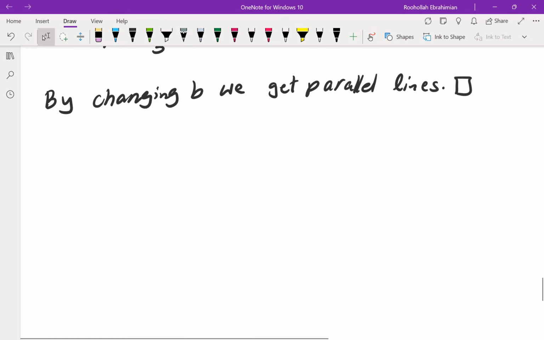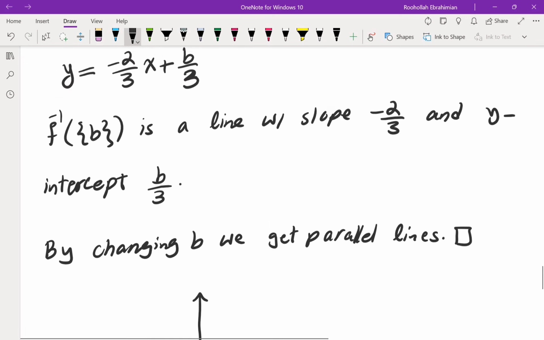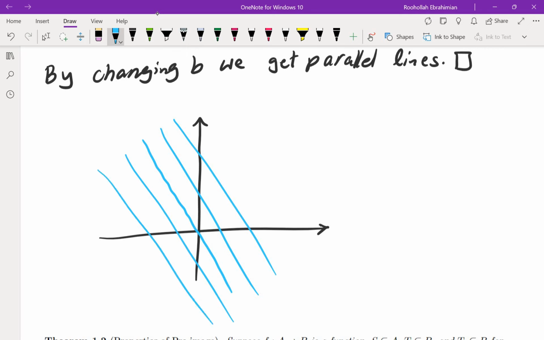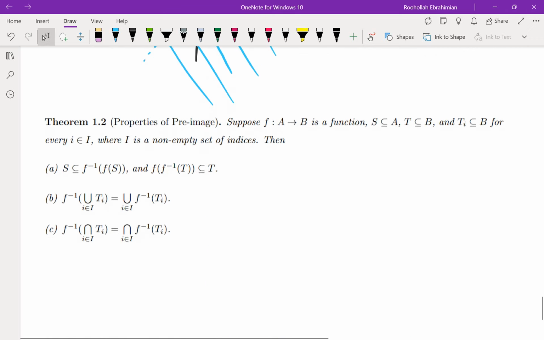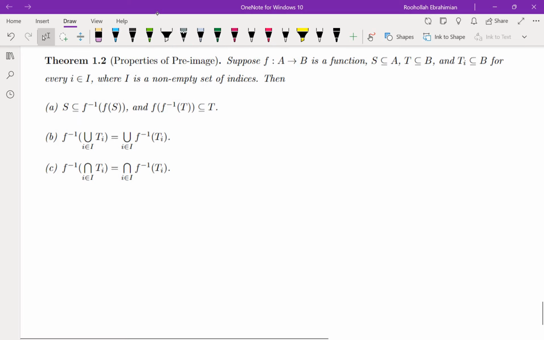If I were to illustrate that, I would get lines with slope negative 2/3. So you get lines like this, perhaps. These are preimages of singletons for this function. Okay, so next we're going to talk about some properties of preimage, and this would be the last thing we're going to talk about.